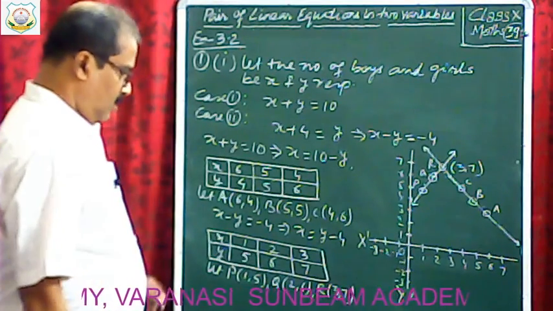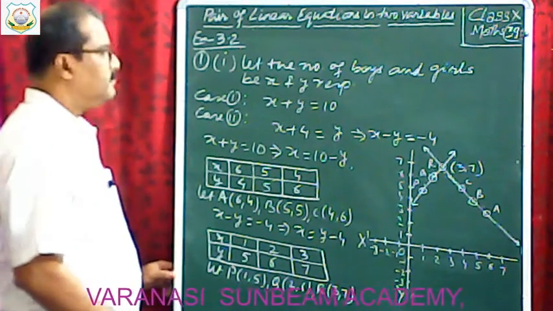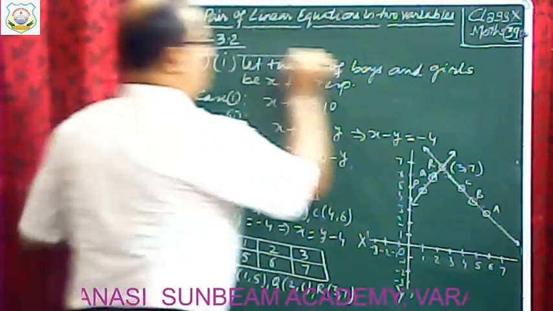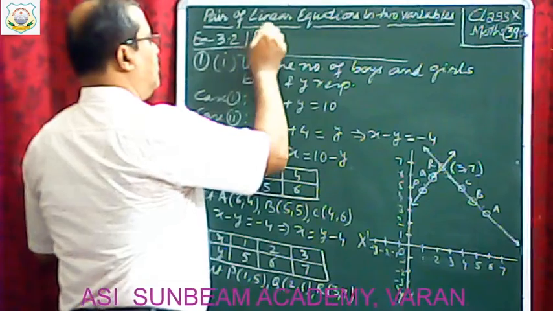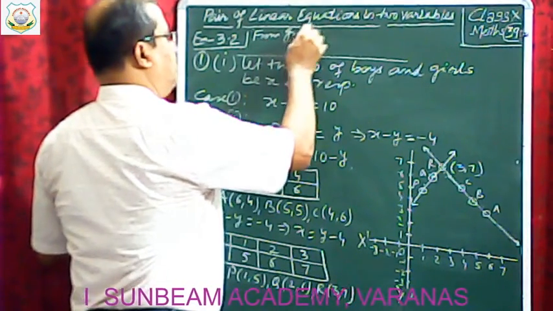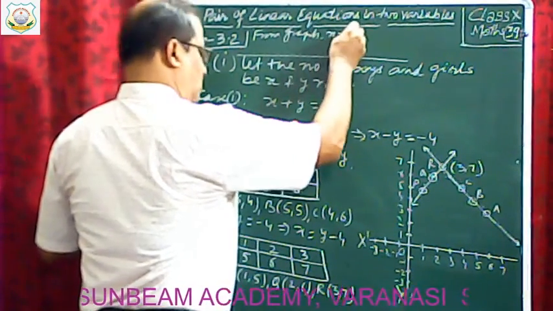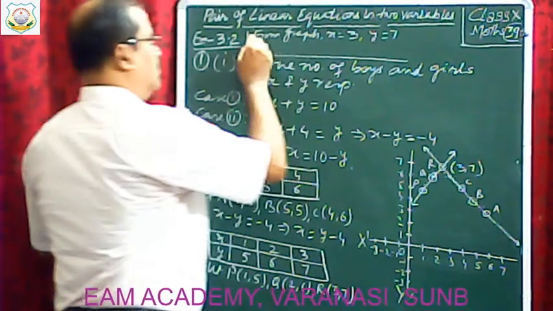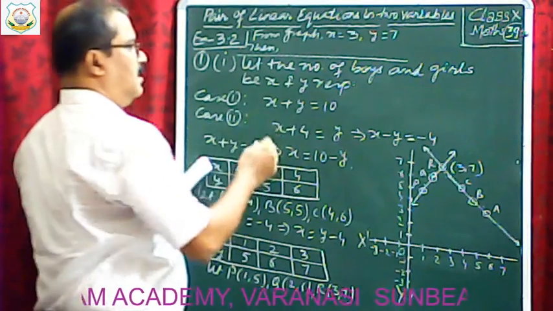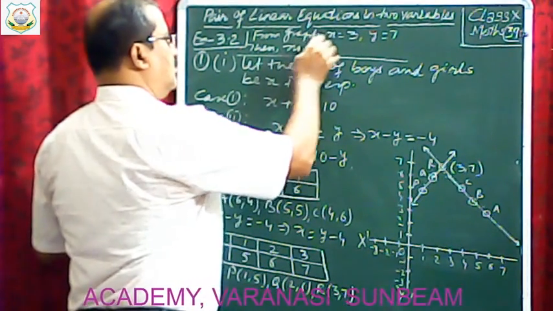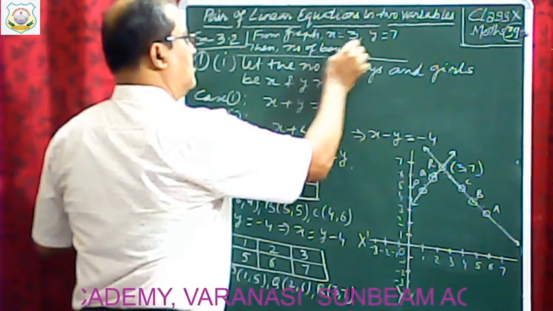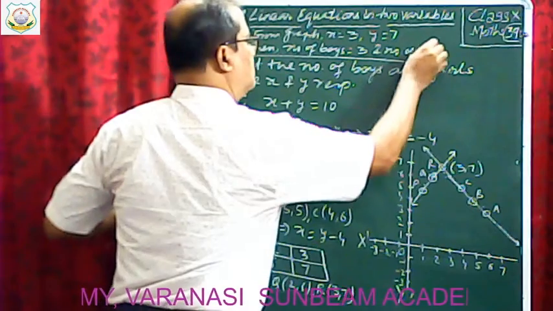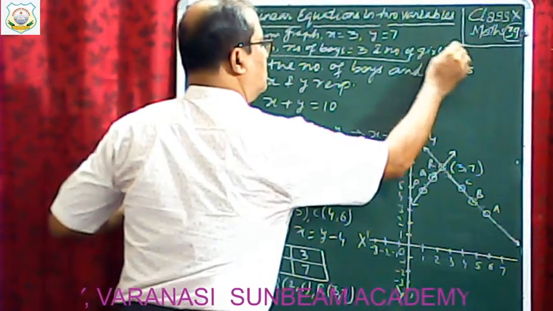So from the graph, X equal to 3, Y equal to 7, so number of boys equal to 3 and number of girls equal to 7.